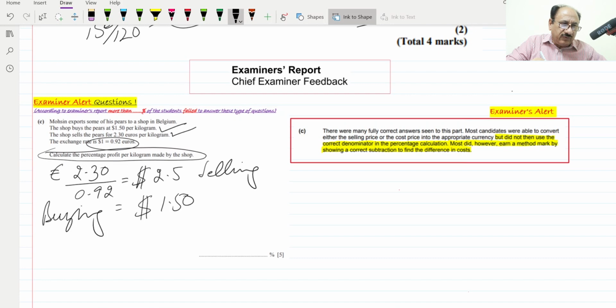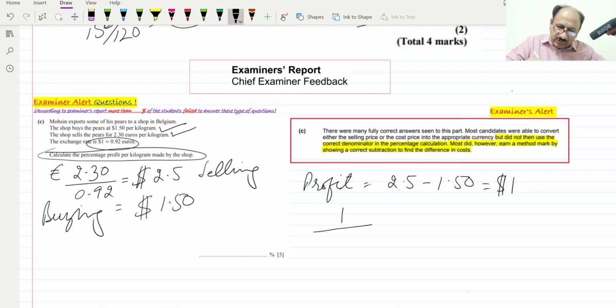So profit will be equal to 2.5 minus 1.50, and this will be equal to $1.